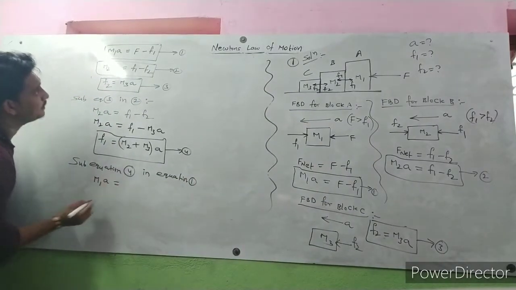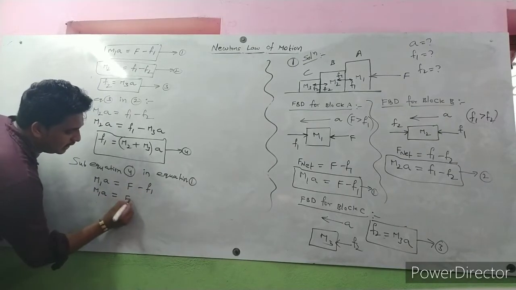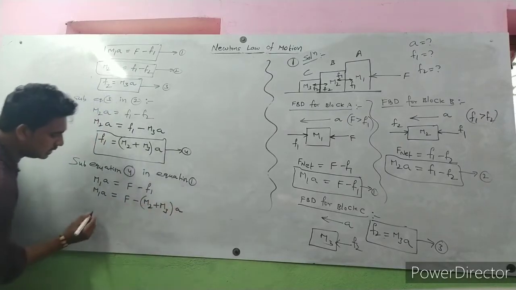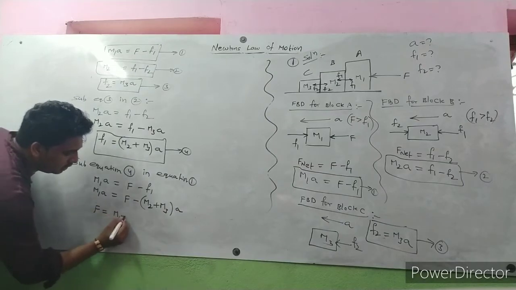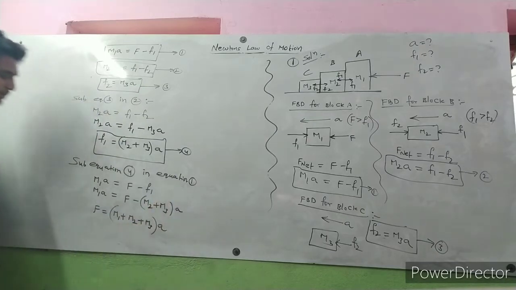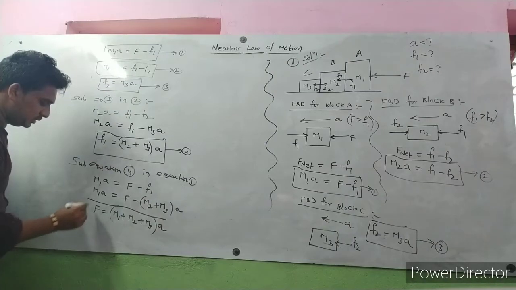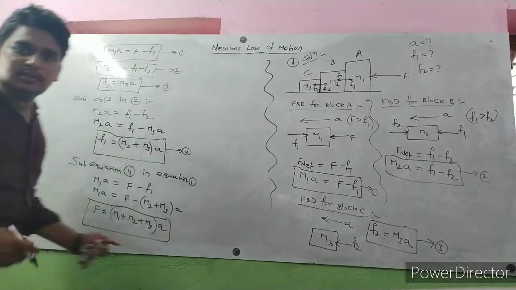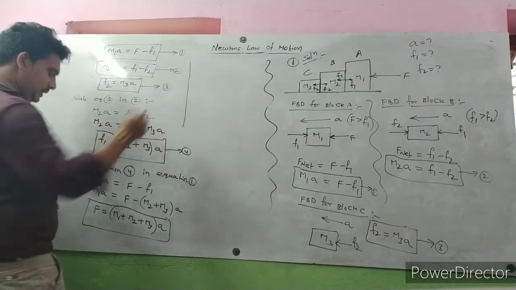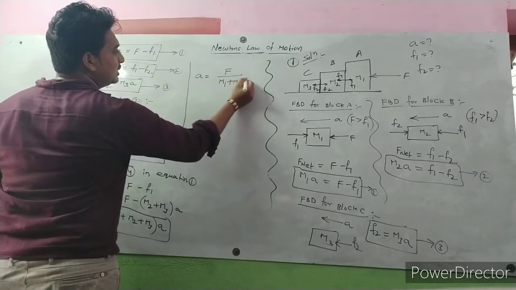M1 into A is F minus F1, so M1 into A is F minus (M2 plus M3) into A. From this, F is equal to (M1 plus M2 plus M3) into A. So A is equal to F by M1 plus M2 plus M3.